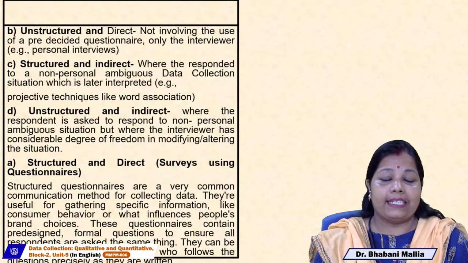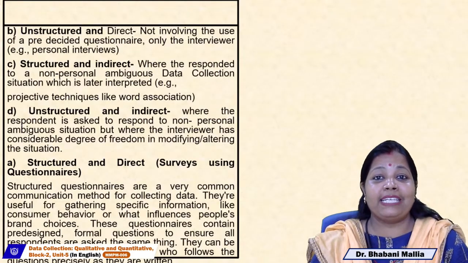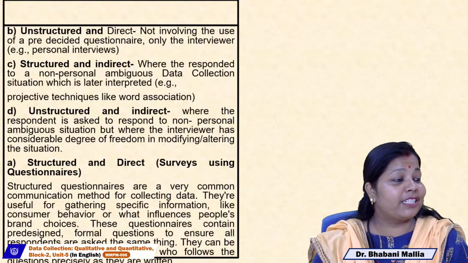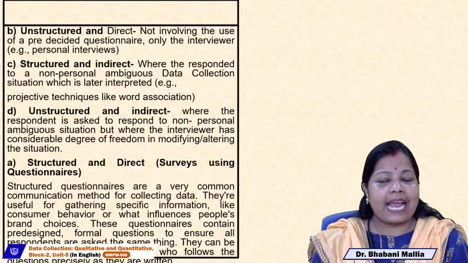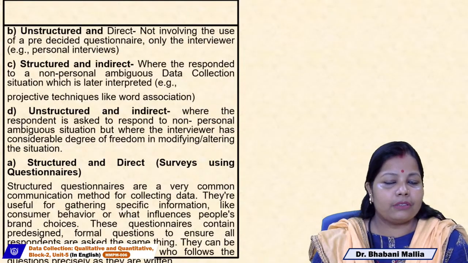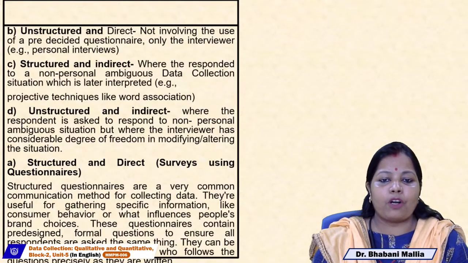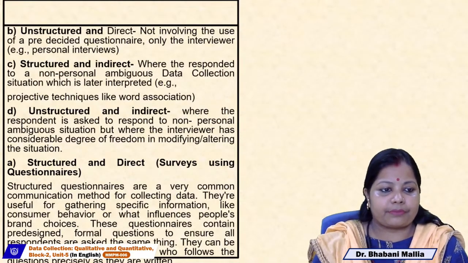Because it is indirect, the interviewer is not in front of the respondent. The person who gives the information and the person who collects it are not face to face. So it is indirect and unstructured also, and there is a chance that the respondent can modify or alter the situation.